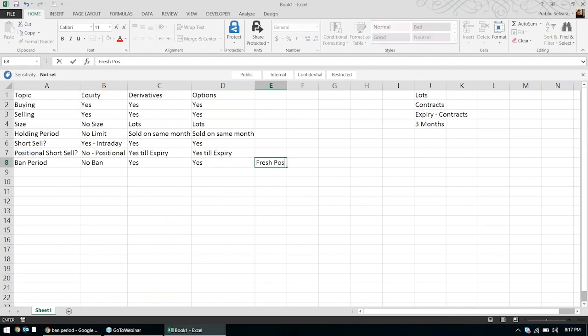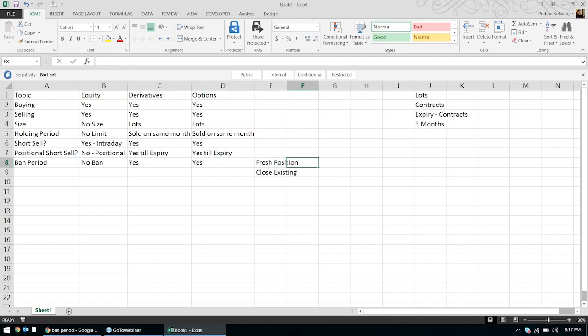If the security is in ban period, you cannot take a fresh position. However, you can always close the existing position when it is in ban period. I said you cannot create a fresh position.